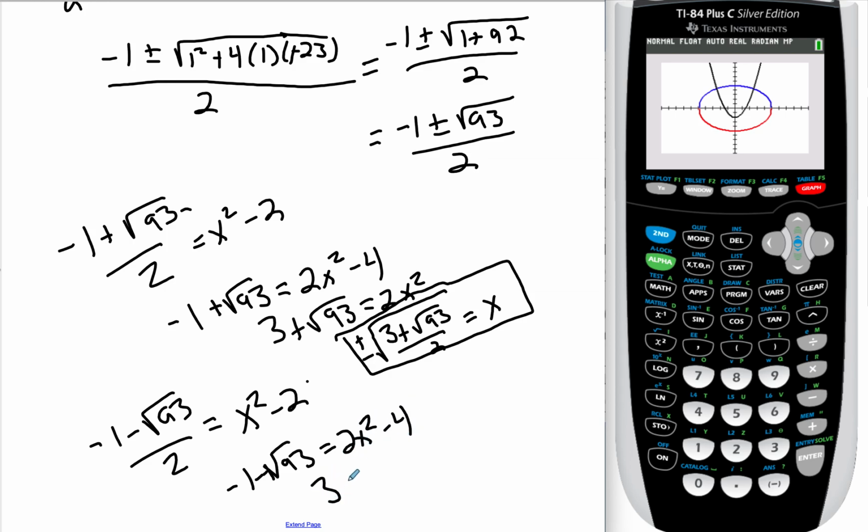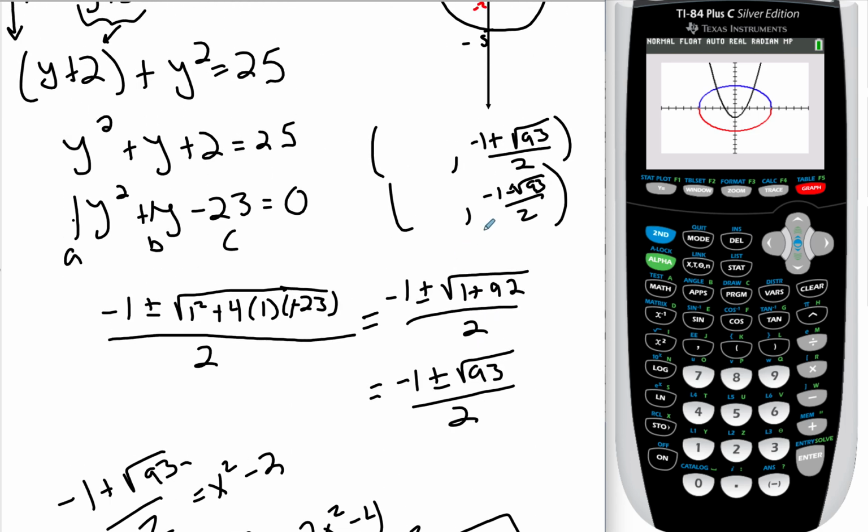So I add and I get 3 minus root 93 equals 2x squared. This is a negative number. We know that 93, well, look, square root of 93 is more than 81. So this is at least 9. So this is a negative number. It's not going to work out. When we square it, this is extraneous. So what we're going to do is we're going to throw that out.